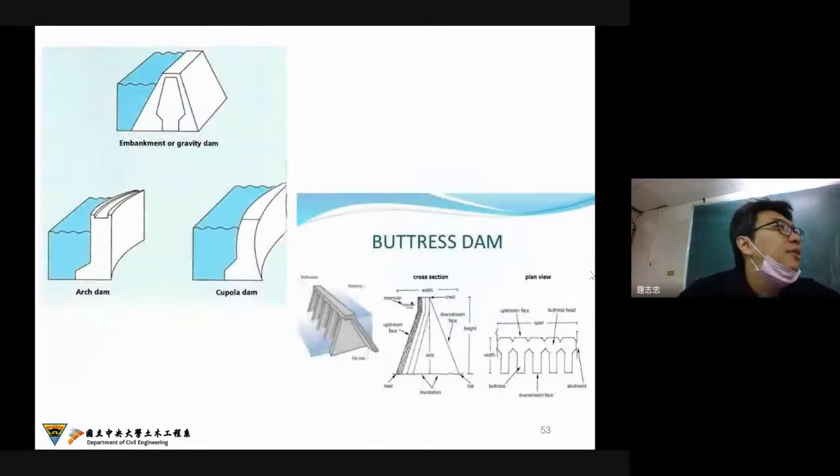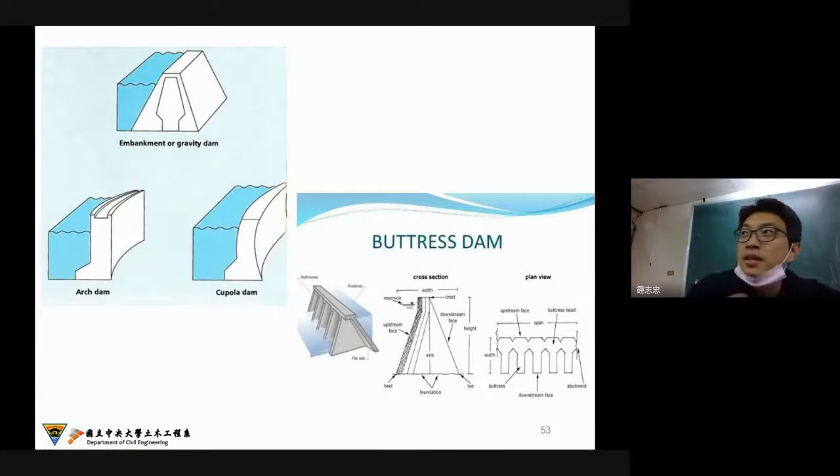Next, I would like to show you a very important infrastructure in the geotechnical area. This is the dam. Depending on the shape of the dam, we can divide it into several types.